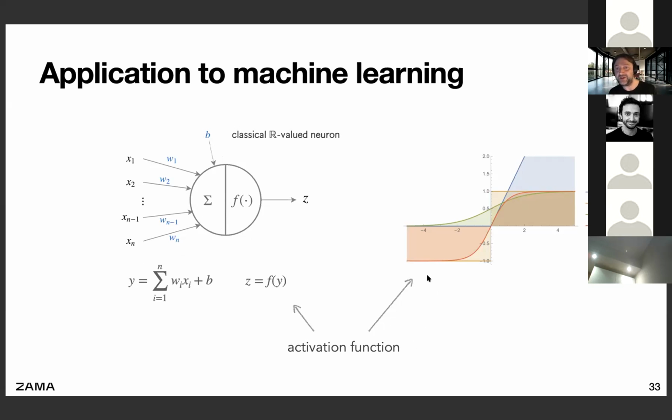And activation functions, there are multiple choices, they basically look a little bit like this. They're always very complicated to do homomorphically because precisely they are not linear.